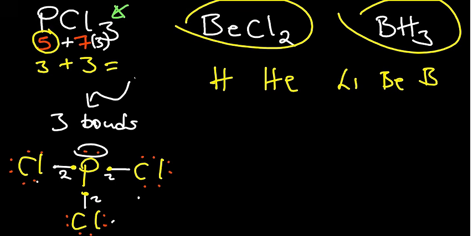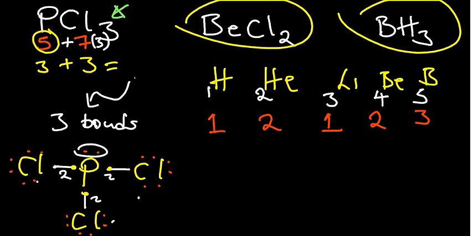So this one has a single electron, this one has 2, this one has 3, this one has 4, that one has 5 electrons. So in the outermost shell, hydrogen has 1, helium has 2 as it is. Lithium has 1, since its electron configuration is such that the first energy level occupies a maximum of 2. So there will be a single one in the outermost shell since it's in group 1. Beryllium is in group 2, boron is in group 3.